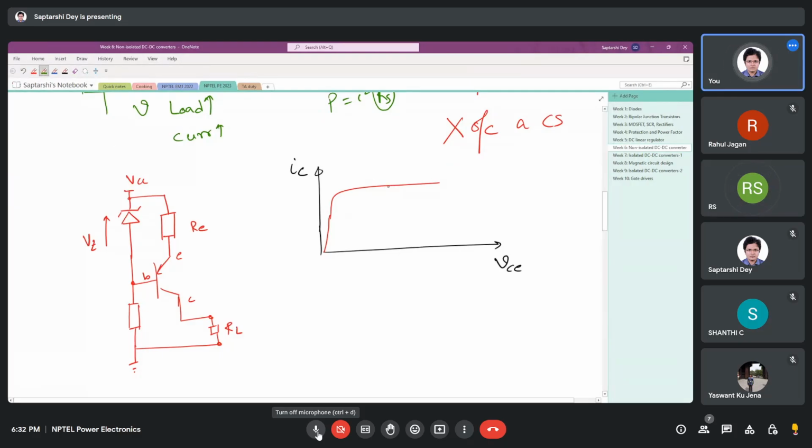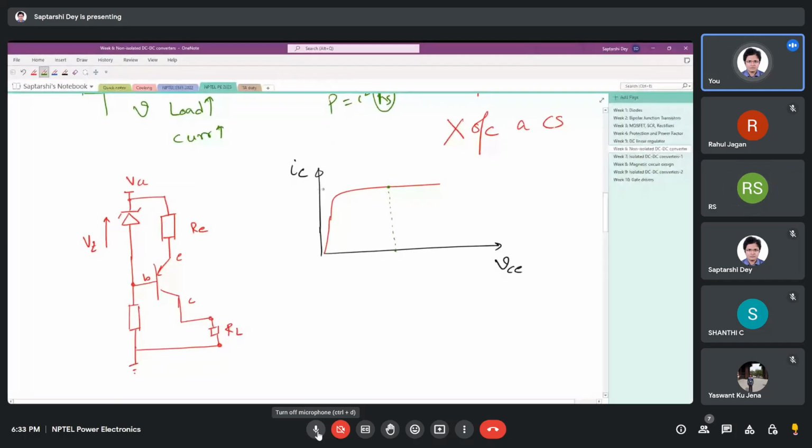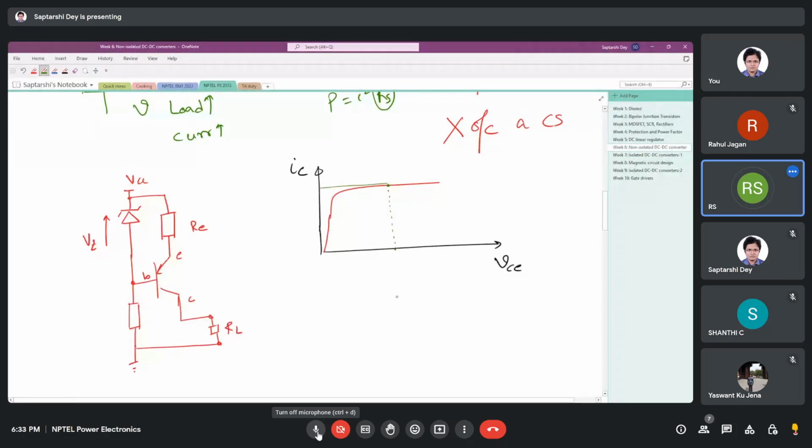So if you are operating it somewhere here for some value of resistance, some collector current is flowing, which is nothing but your load current, and as a result you are getting some VCE.